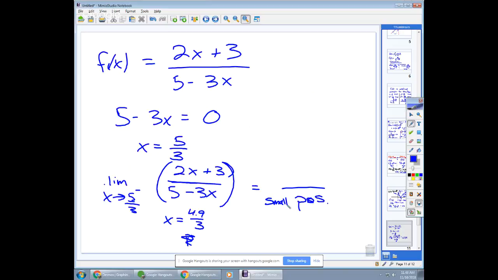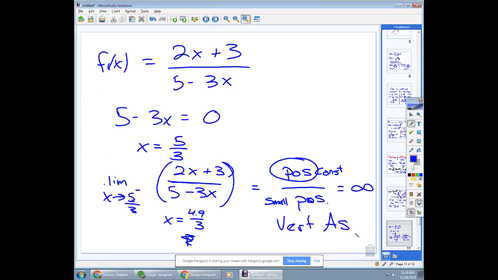It's some positive number, and it's fixed. It's getting closer to a positive constant. What's happening overall here? The result approaches positive infinity. So as an x value approaches a fixed number, y gets bigger and bigger, or heads toward infinity, this must be a vertical asymptote.